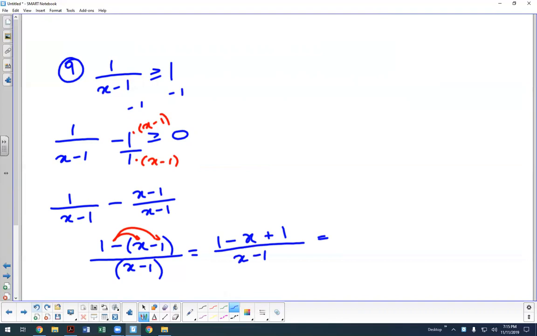Same denominator. So that will now become 1 plus 1, which is 2 minus x over x minus 1. And all of this is greater than or equal to 0. So this is what our inequality will look like now after we have put 0 on the other side.